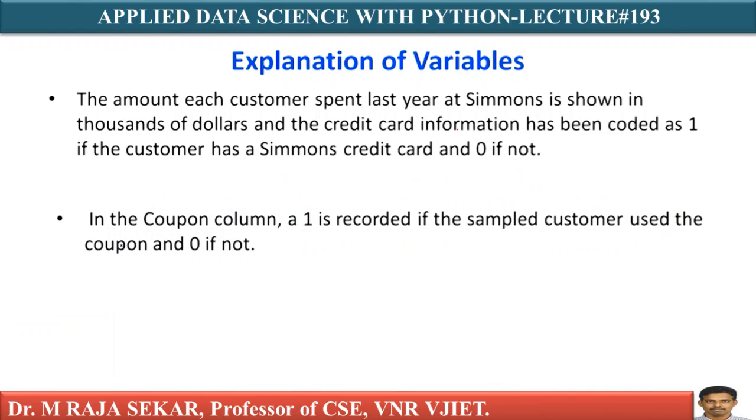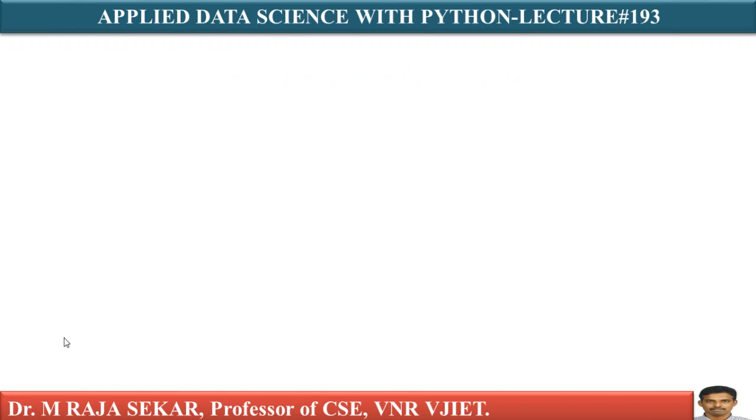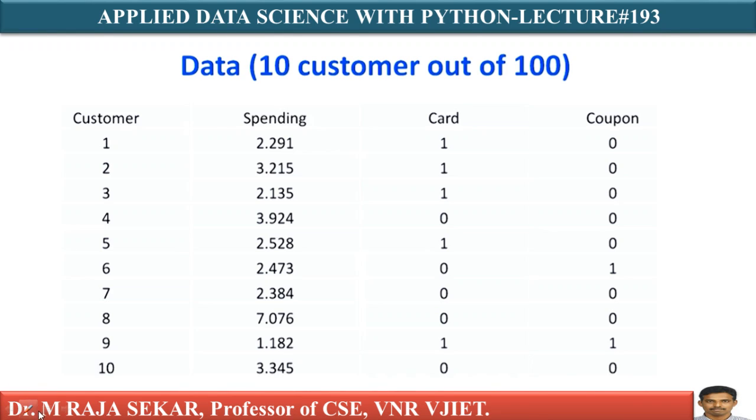These are the explanations of the variables. What are the variables here? As I told you, here y is coupon, that is the dependent variable. Let me go back to the previous slide and show this one. Here you must understand, this is x1, this is x2, this is y.